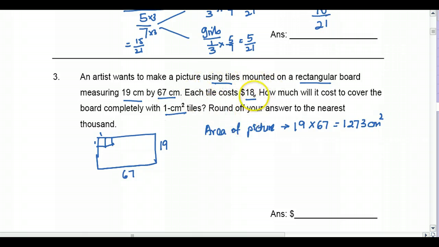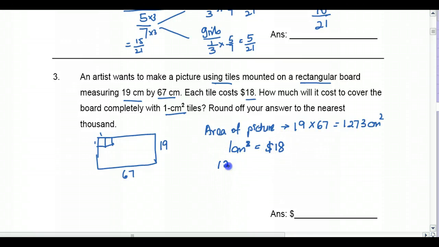Okay, so now I want to find the cost of covering the board completely. 1 cm square is actually $18.